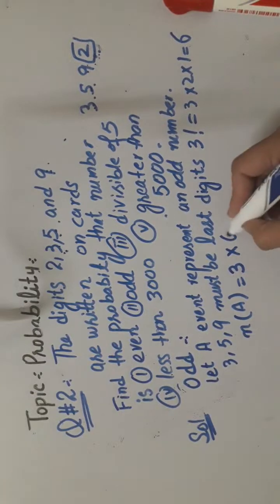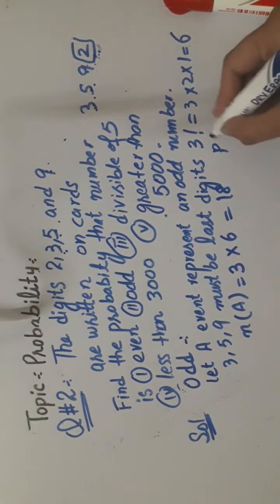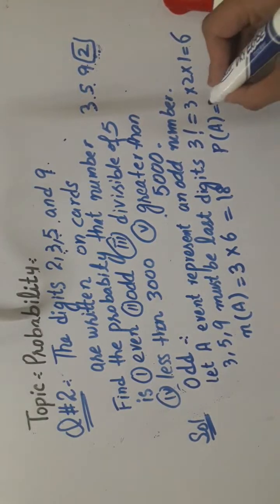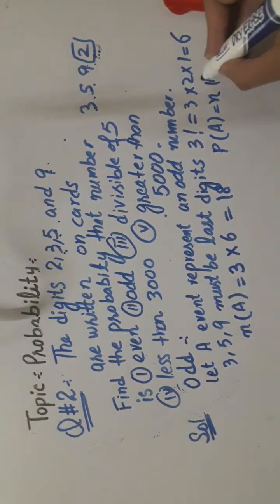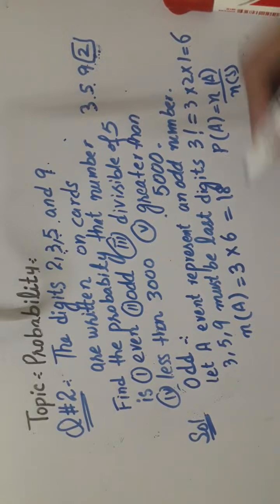So 3 multiplied by 6 is equal to 18. Now the probability of this event will be equal to n(A) by n(S). So 18 by 36 is the right answer of this question.